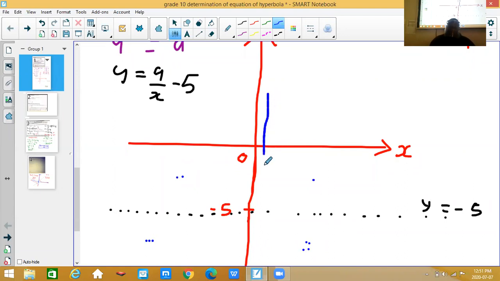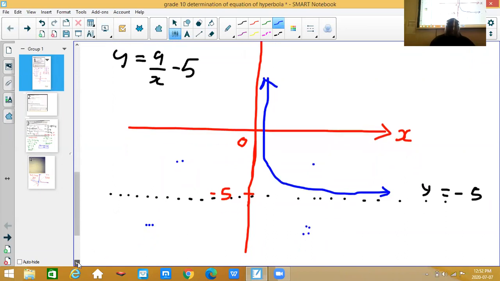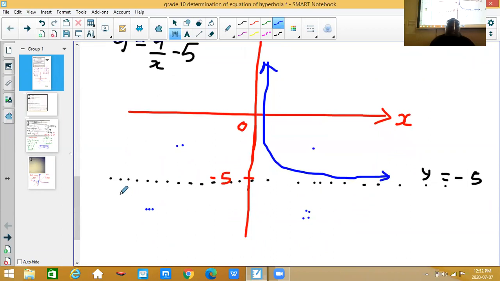Our hyperbola has the same shape through and through. This is our first quadrant, and we said first and third, right? So in our third quadrant, we are going to have it located somewhere there. Are you seeing it?